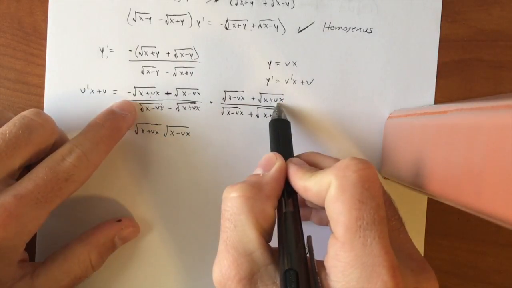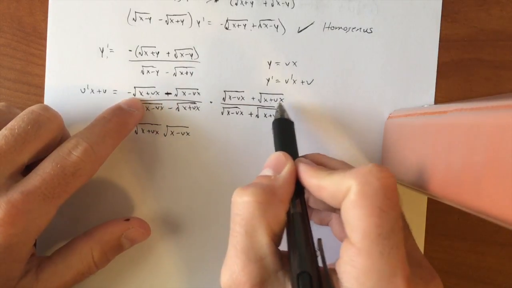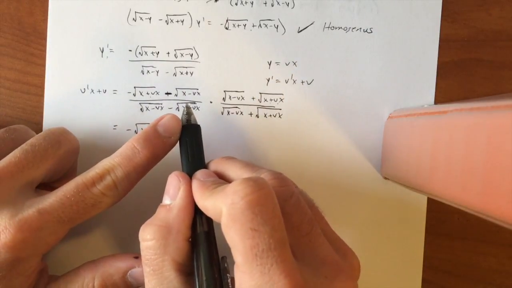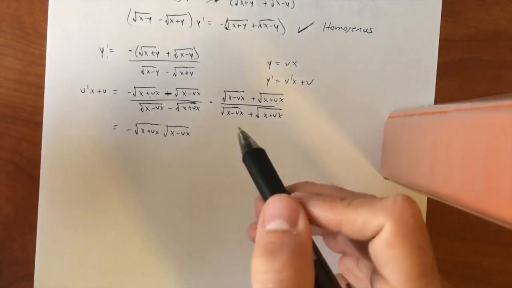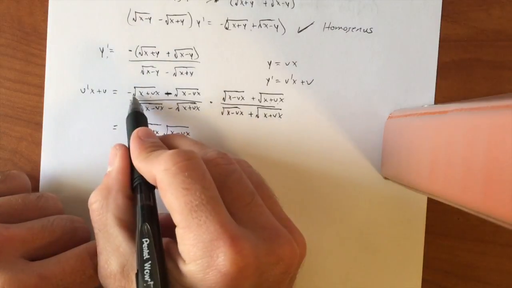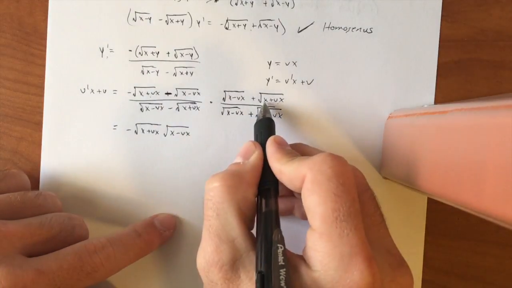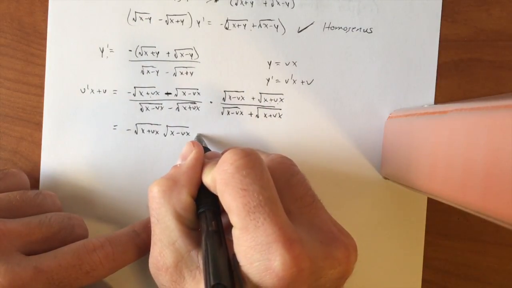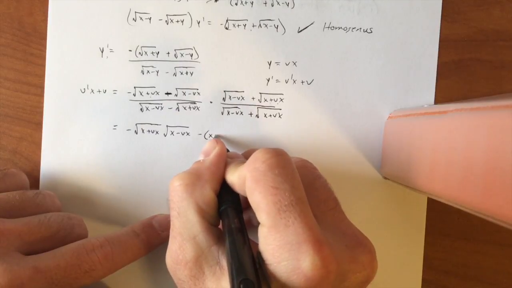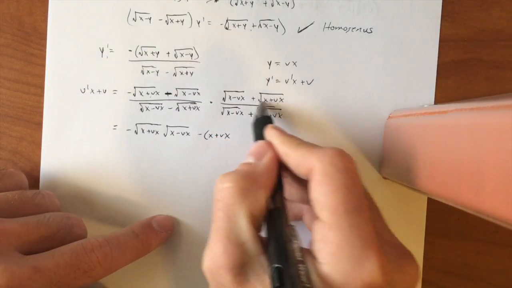We know that a 1/2 power times a 1/2 power will create a power of 1, making the radicand the answer. So the negative of this times the positive of this will give us the negative of x plus vx, like we said, the radicand.